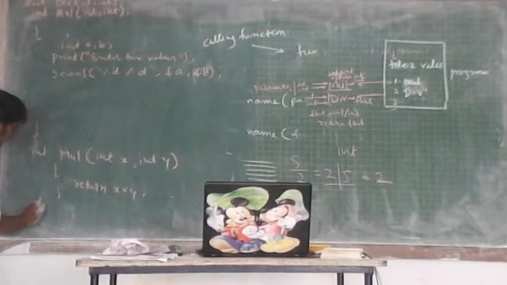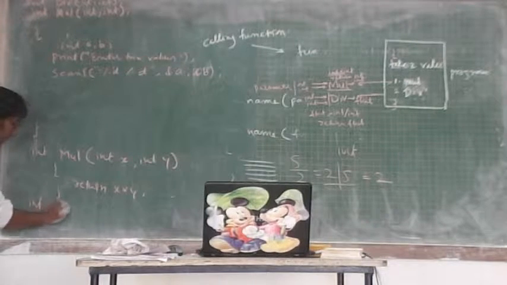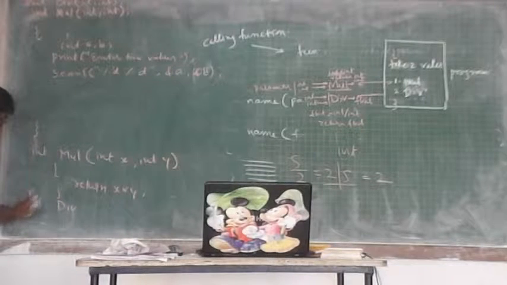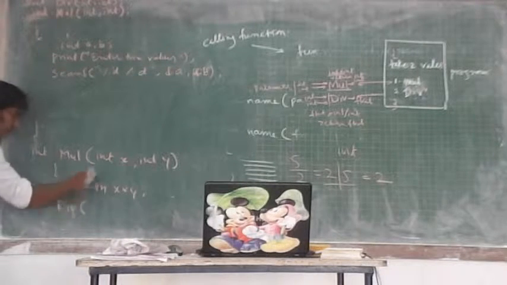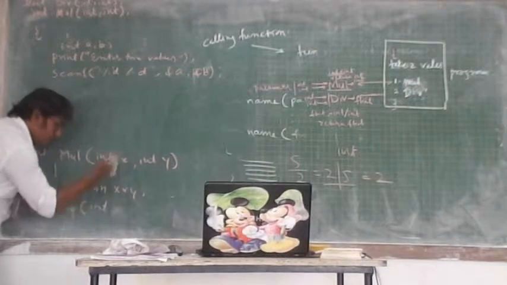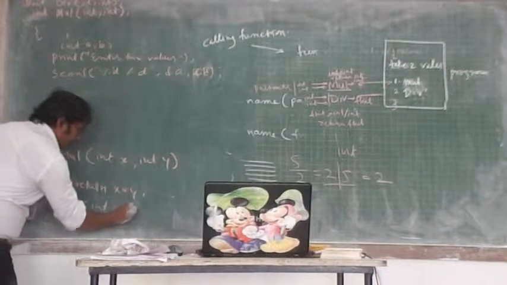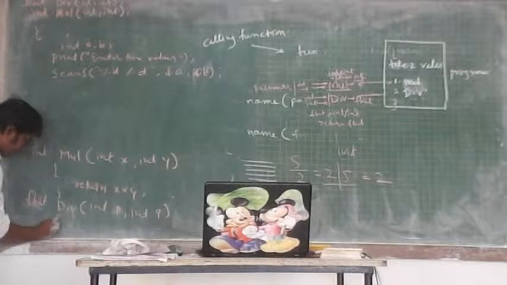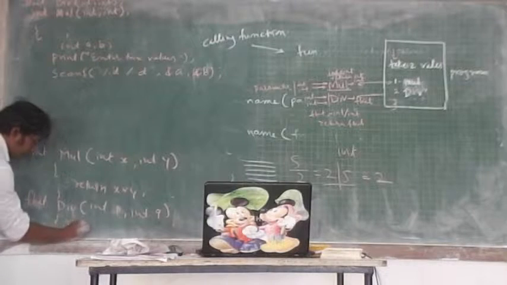So similarly, I will go for defining the division function. The division function is returning what? Float type, formal parameter. Again I consider x and y, or you consider p and q, no problem. And what it returns?